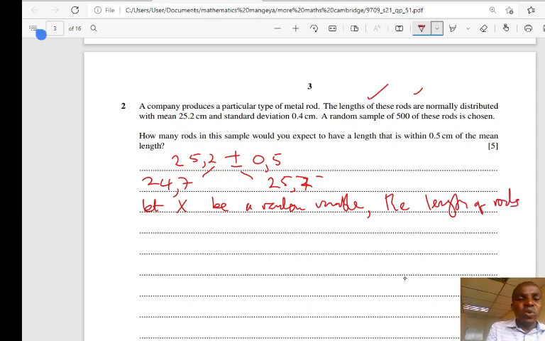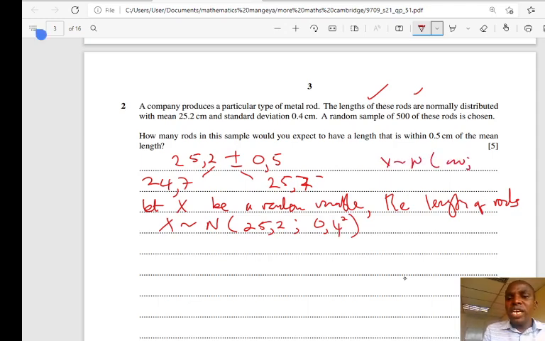From that, we can deduce that X follows a normal distribution with mean 25.2 and standard deviation 0.4, squared as its variance. Remember, X follows a normal distribution with mean mu and standard deviation squared, that is variance.